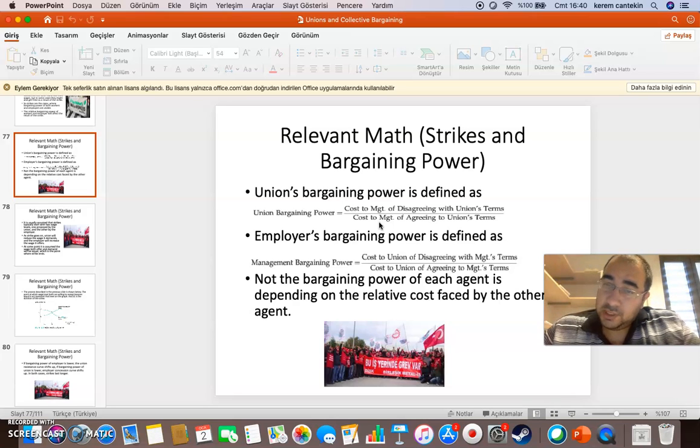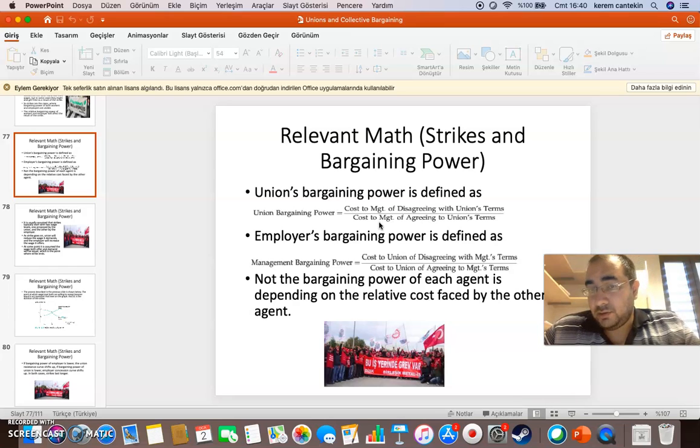So the more cost it is able to inflict on the management, the more it will trust its power to force management to agree. Actually, here that might be a missing part of the model. It doesn't care that much about its own power.